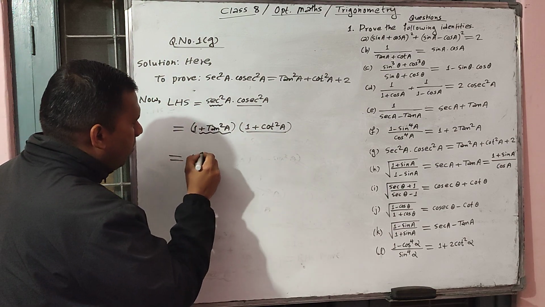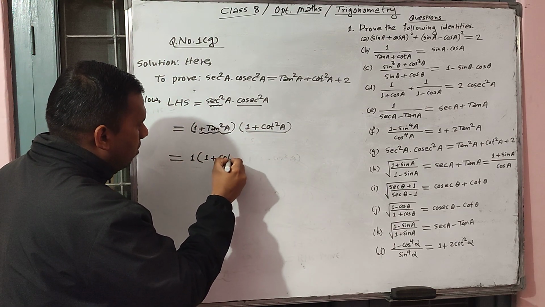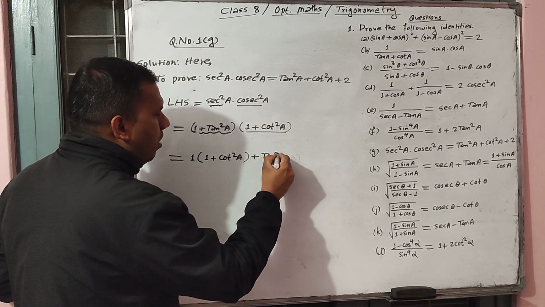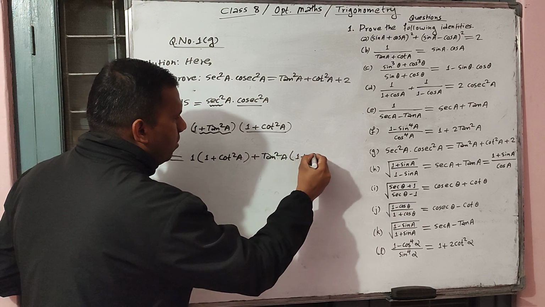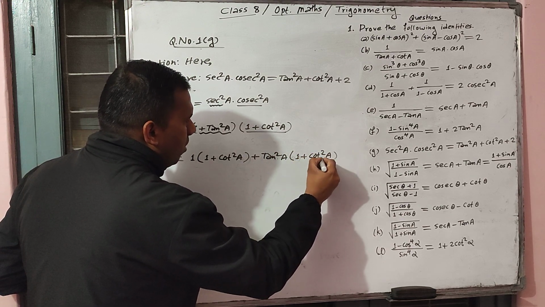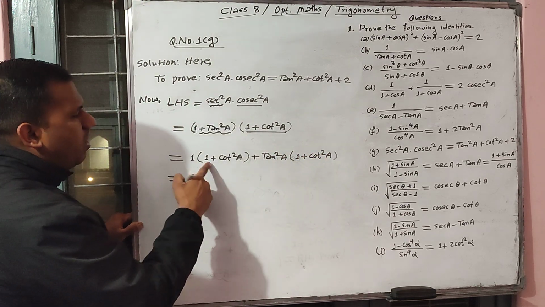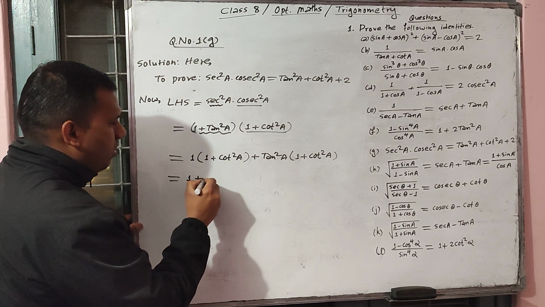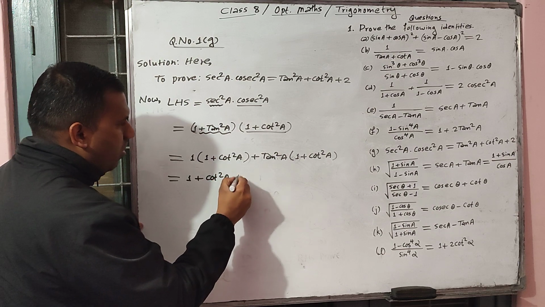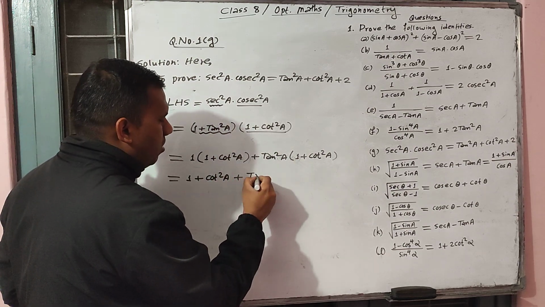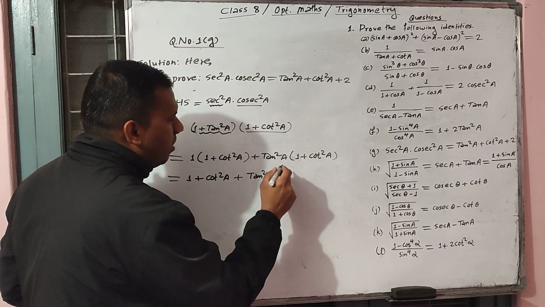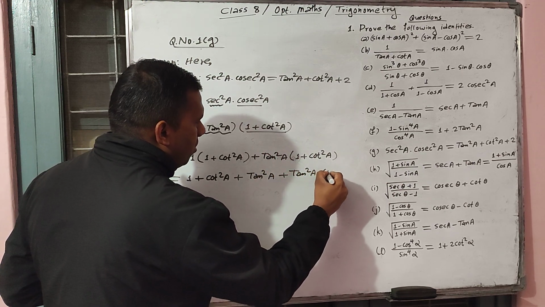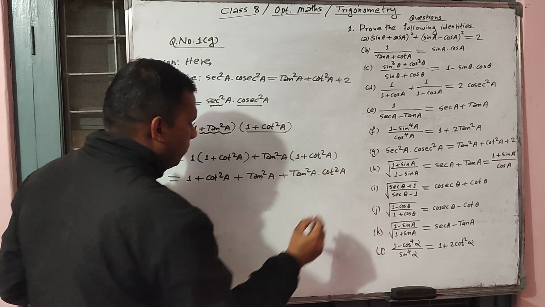So 1 multiplied with 1 plus cot square A. Similarly, plus tan square A multiplied with 1 plus cot square A. Then 1 times 1 is 1, 1 into cot square A is cot square A, plus tan square A times 1 is tan square A, plus tan square A multiplied with cot square A, tan square A dot cot square A.